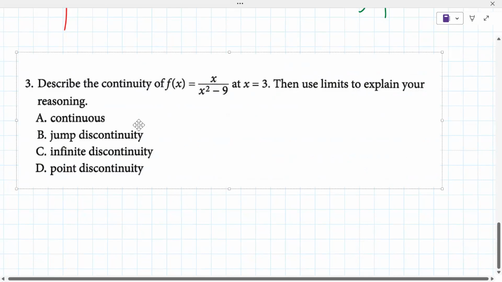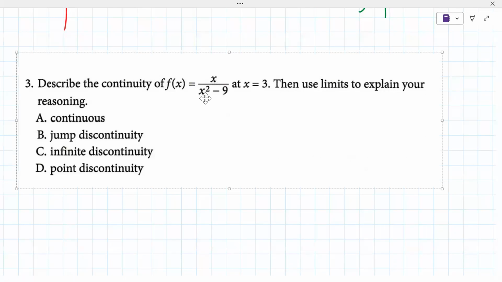All right, this is multiple choice here. That doesn't mean that it's easy. It just means that they're trying to focus your answers here. It says describe the continuity of this function at x equals 3. All right, so there are 3 types of discontinuities.